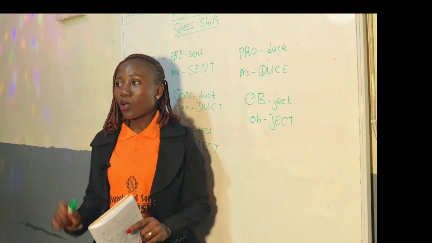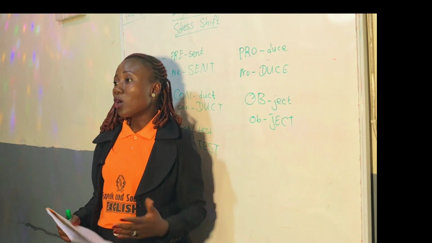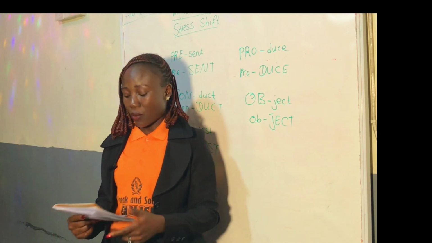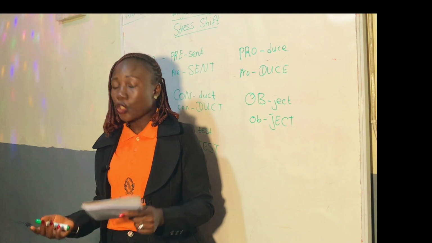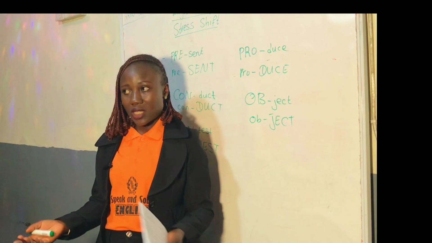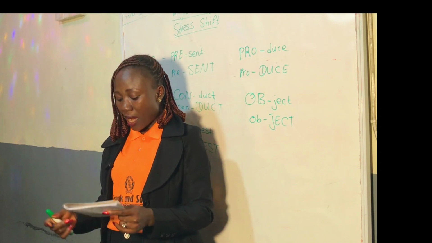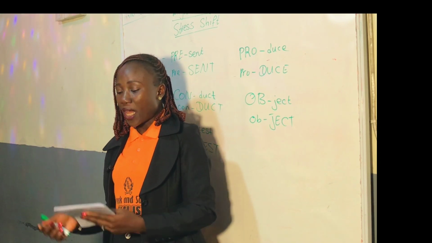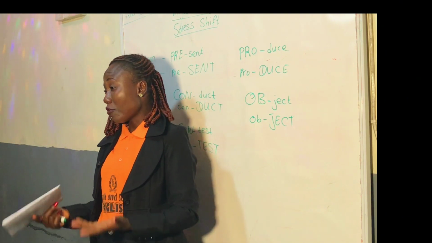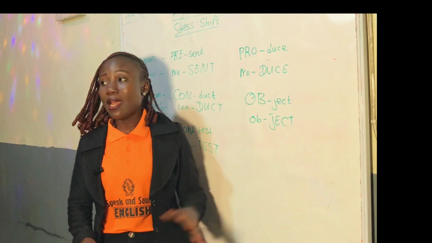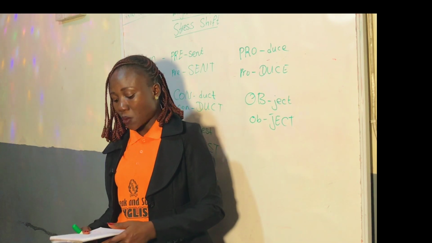When you have transport, of course, that is a noun. And what is transport? It can be a vehicle used to transport things. Of course, it has so many other meanings. But when you say transport as a verb, that means to carry or to bear something from one place to another, to move something from one place to another. Of course, that's a verb, that's an action word. So we have transport and transport.